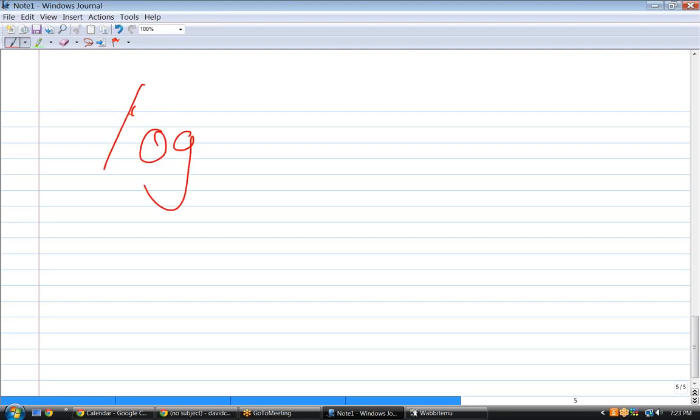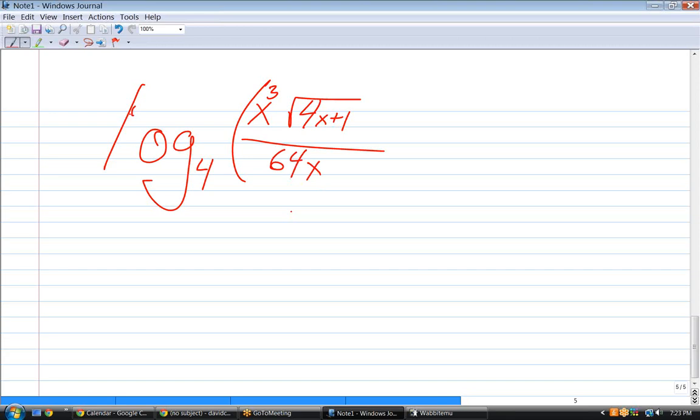Log base 4, parentheses, x cubed, square root of 4x plus 1, over 64 times, well, parentheses x plus 2 to the 4th power. Like that? Yeah. Exactly like that? Yeah. Okay.